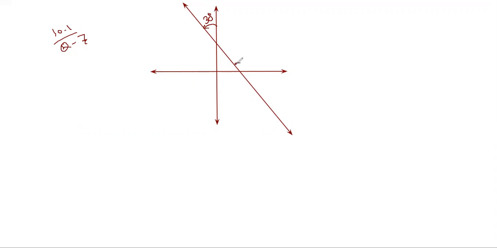The slope of the line is the tan of the angle that the line makes with the x-axis in the positive direction.